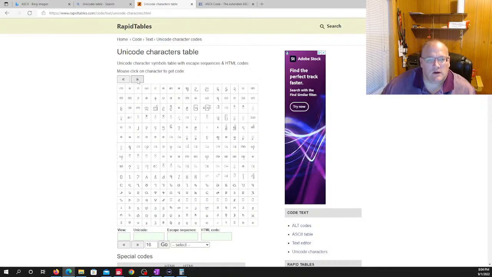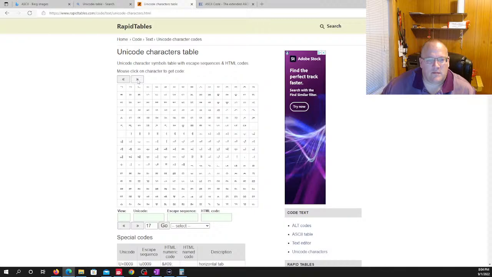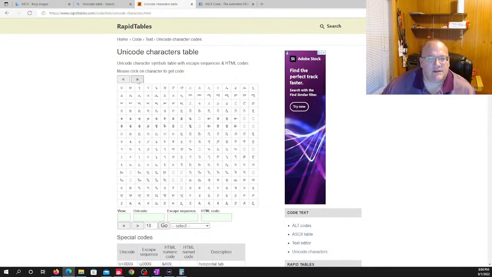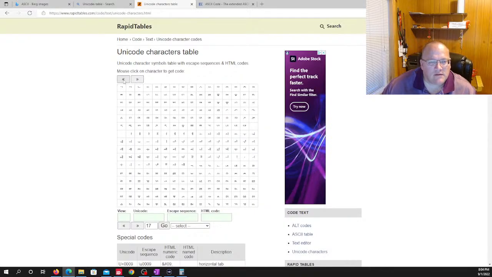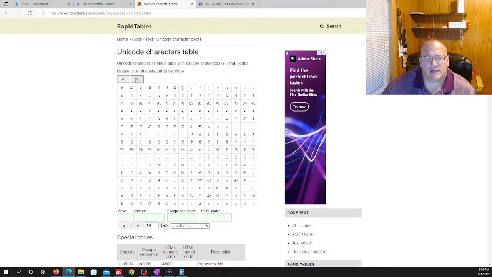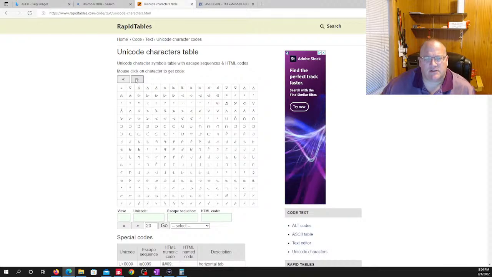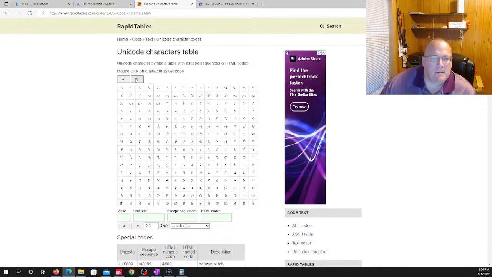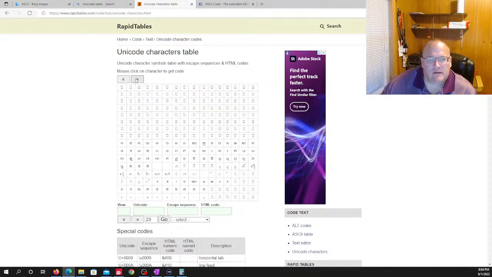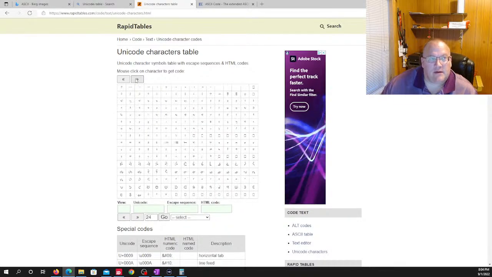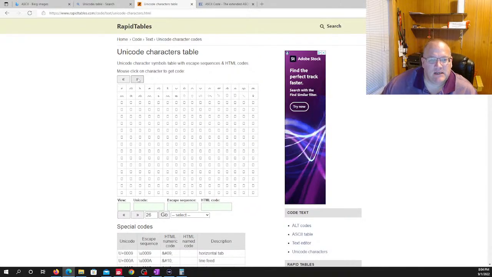But there's a lot of stuff here. I think maybe this is cuneiform, actually. I'm not sure what cuneiform looks like exactly. Cuneiform is an interesting language. It was used a very, very long time ago. The Assyrians, I think, are the ones that used it.